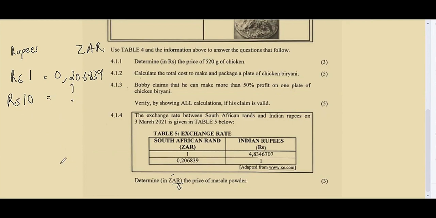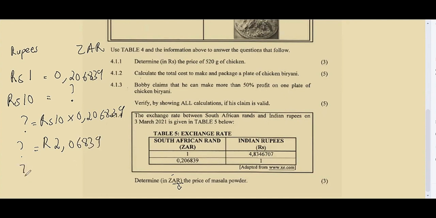We don't have the value here, but in order to find it, we only need to cross multiply. So that will be 10 rupees multiplied by 0.206839. Right. Then our value will be equivalent to 2 rand 0.06839.